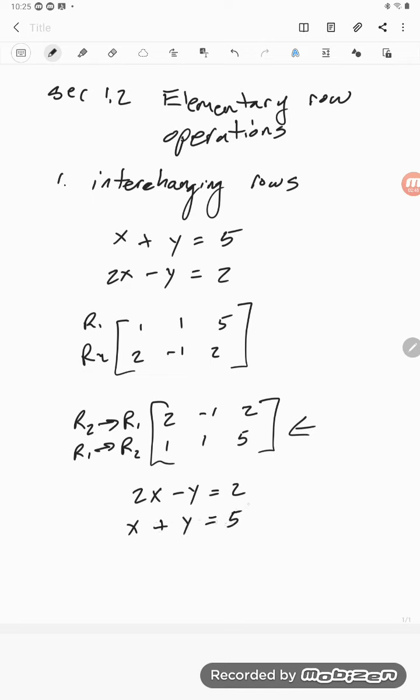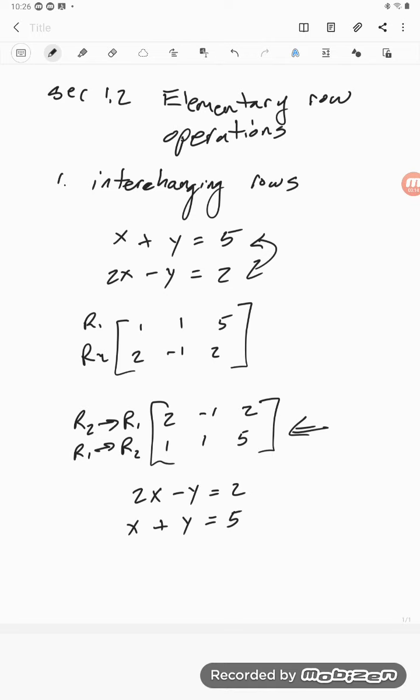And hopefully it's pretty obvious in this case that interchanging rows, all we did was swap which of these two equations we wrote first. Well, who cares, right? Write either one first, it doesn't matter. So swapping a couple of rows of the matrix that represents this system doesn't do anything to the solution of the system.